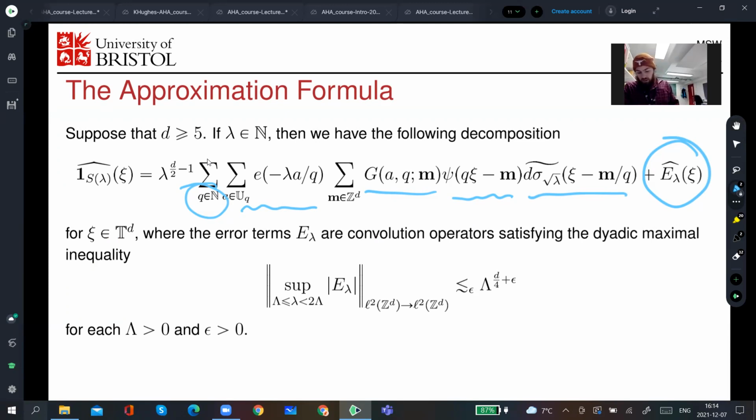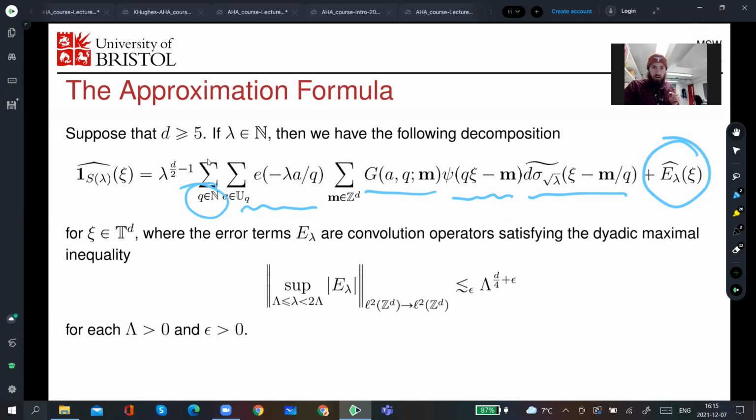What Magyar Stein Wainger proved is they prove it without this epsilon. They get the exact same formula, but without the epsilon loss. However, we only proved it with the epsilon loss because it was a little bit easier for me, and it didn't require the use of theta functions. Oh, and this was the bound for the dyadic maximal functions.